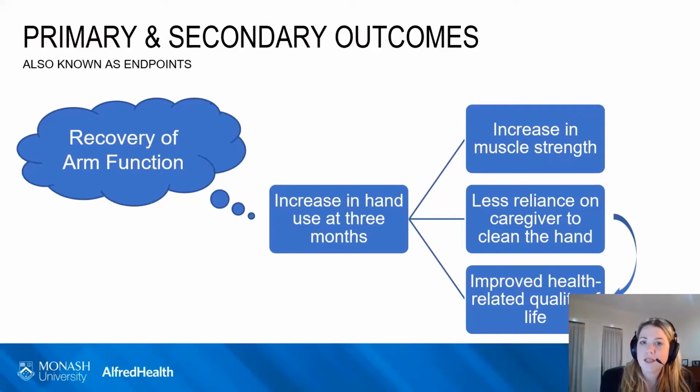Qualitative research had suggested to us a concern from people who live with upper limb spasticity and a movement disorder is that they don't want to be reliant on caregivers for hand cleanliness, so we had a secondary outcome of caregiver burden. And because all of these constructs influence health-related quality of life, we also collected EQ5D on the trial. So you can see hopefully from this that all of the outcomes, secondary and primary, relate back to recovery of arm function.